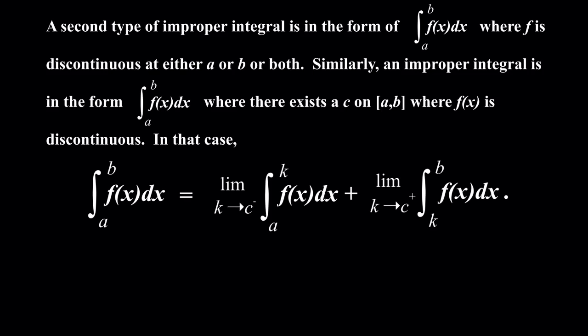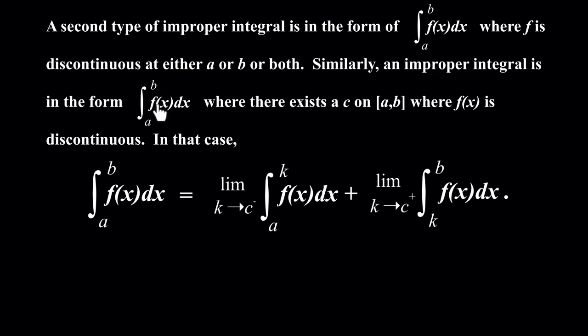Similarly, an improper integral in the form of integral from a to b, f of x dx, where there exists a c, so some number on the interval from a to b, where f of x is discontinuous. Let's say, for example, you wanted to evaluate the integral from negative 2 to positive 2 of 1 over x.